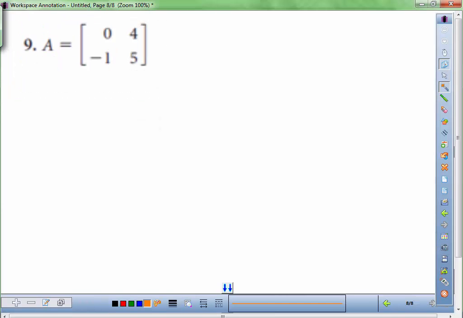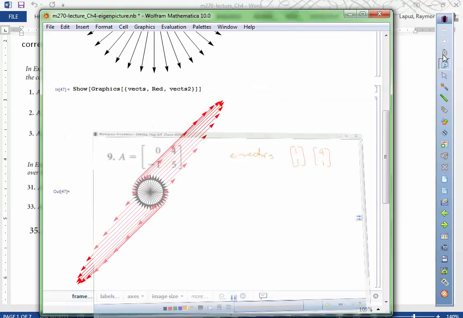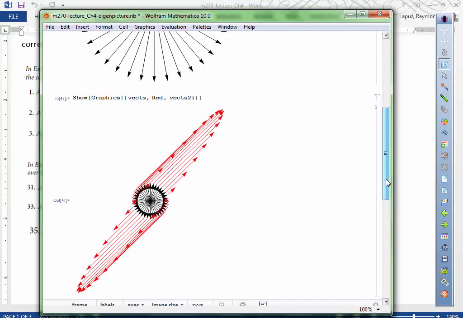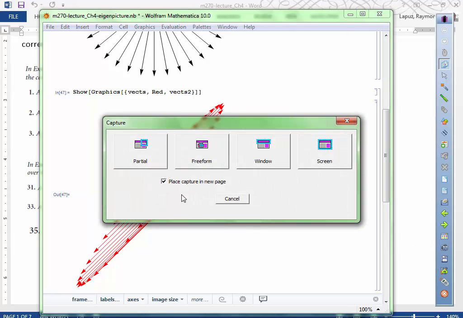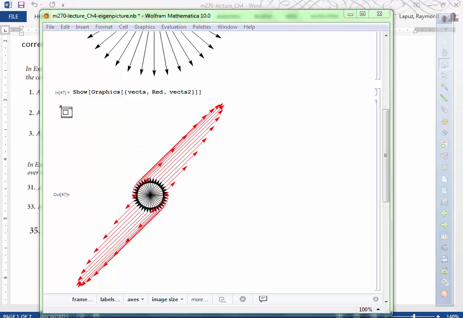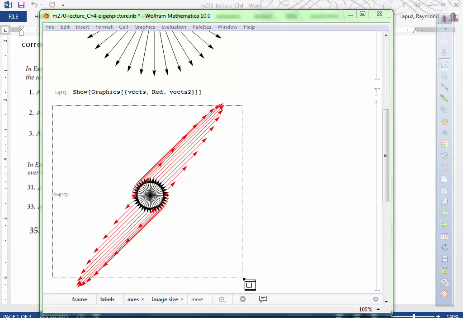So taking a look at this matrix, we found vectors 1, 1, and what is it, 4, 1? So with our drawing, we can kind of see, now this is even hard to see here.